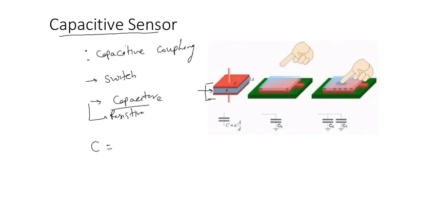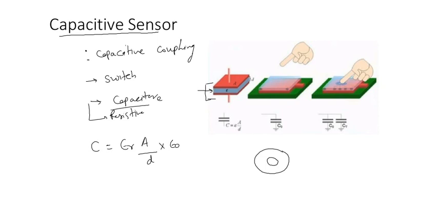So capacitance can be defined as epsilon r, A, the area of the plate, and then D, the distance between those two plates, right? And it is multiplied by epsilon naught. Epsilon naught is the free space permittivity. You can think of it in this way. This is your touch screen, and this is the top of another screen.